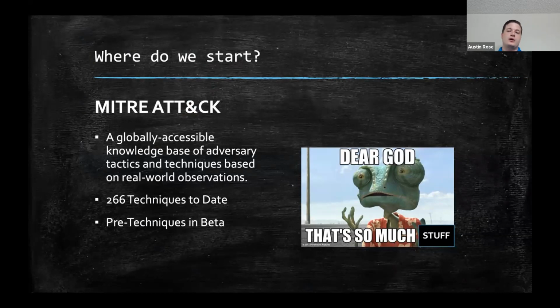The nice thing about this framework is that it's completely moldable and it's updated continuously. As of last night, there were 266 techniques to date, and they're even moving into something called sub-techniques, which is like the individual application of those techniques. So you're seeing a lot of different methods of how attacks can occur.